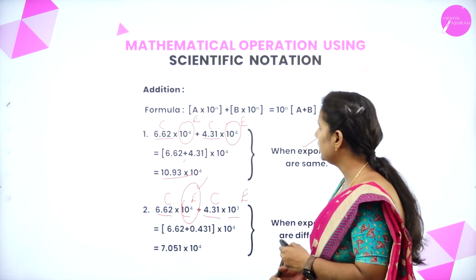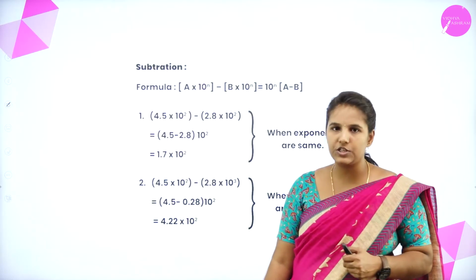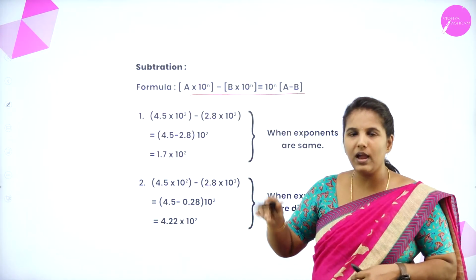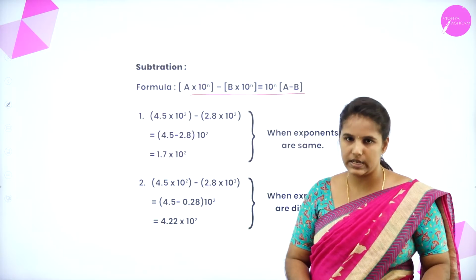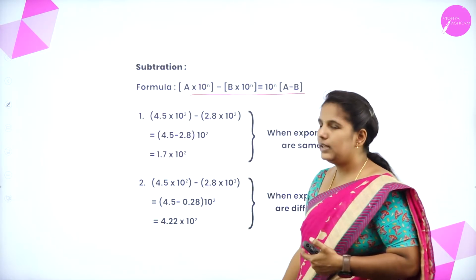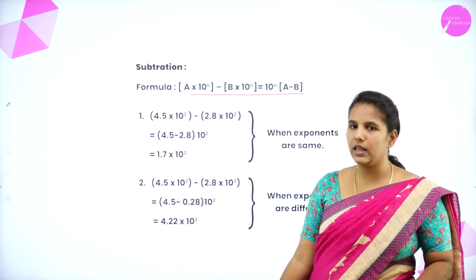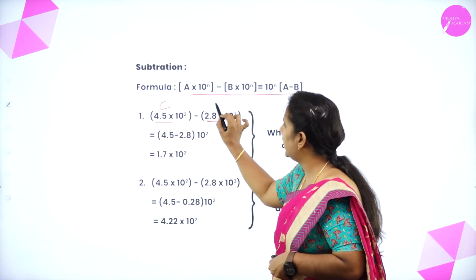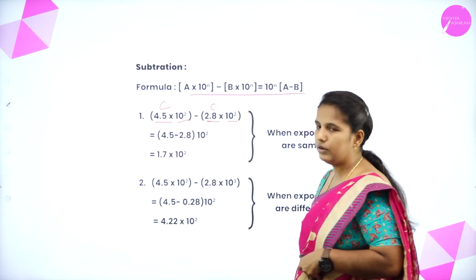Coming to the subtraction. For this, for everything, I have given the formula just to help you understand. In subtraction also, the same thing is followed. First, we have to see which is the coefficient and which is the exponent.